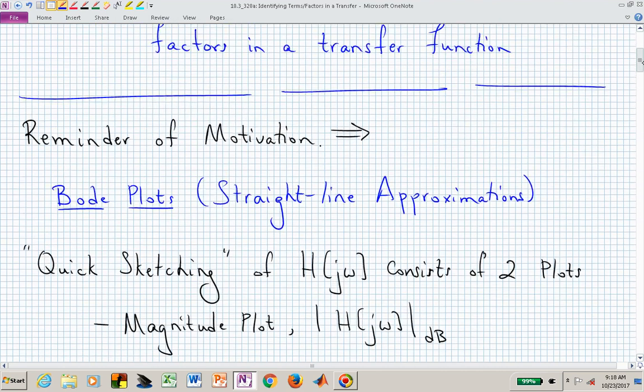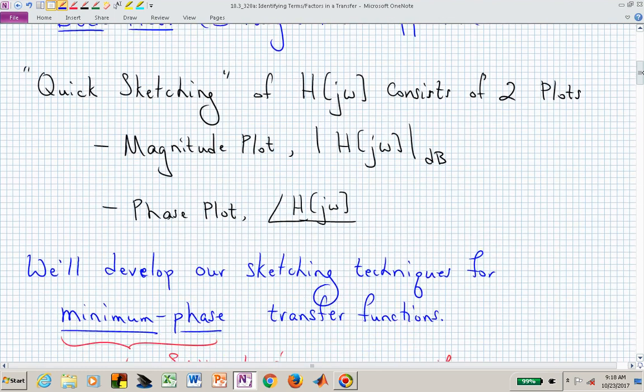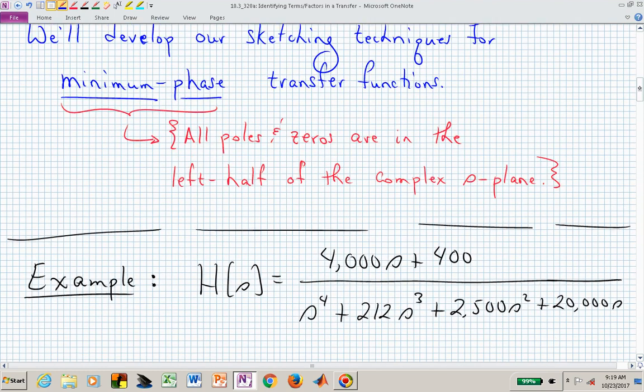Our goal in this particular video is to break up the numerator and denominator into particular factors so that we can determine what kind of factors we actually have. We should be finding a constant, maybe poles and zeros at the origin, maybe real poles and zeros, and maybe complex poles and zeros. That's what we want to do in this video.